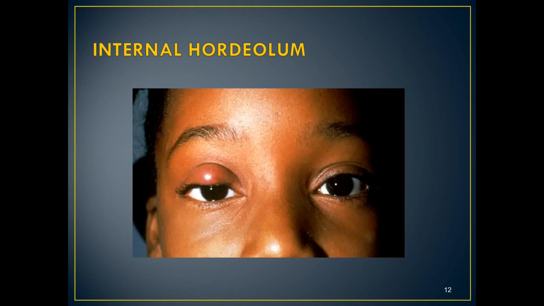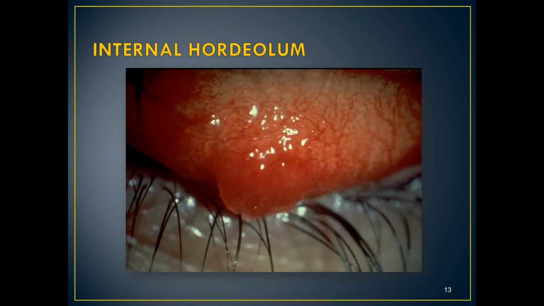This is an inflamed chalazion that is known as internal hordeolum. It is usually painful, and under antibiotic cover, the treatment is the same, incision and curettage. This is the inner surface of the internal hordeolum.